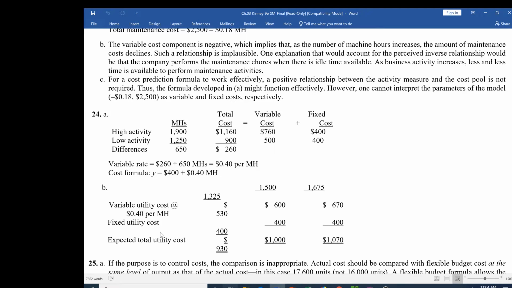So we could take the cost formula any place. You don't have to use the Y. Jessica, multiply 1900 times 40 cents. And William, multiply 1250 times 40 cents. 760. Now subtract that from 1160. 400. That'll be your fixed cost.